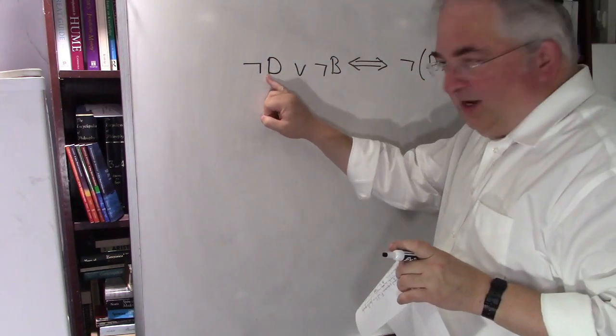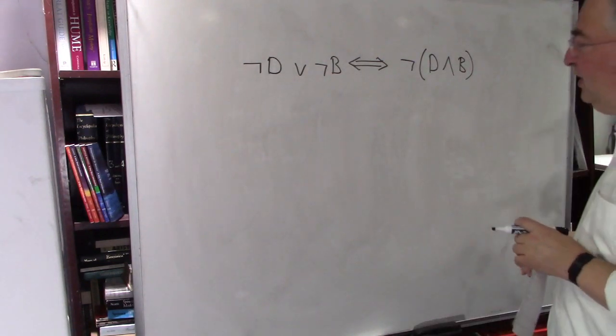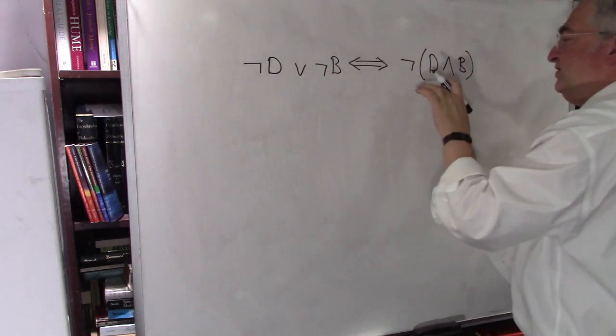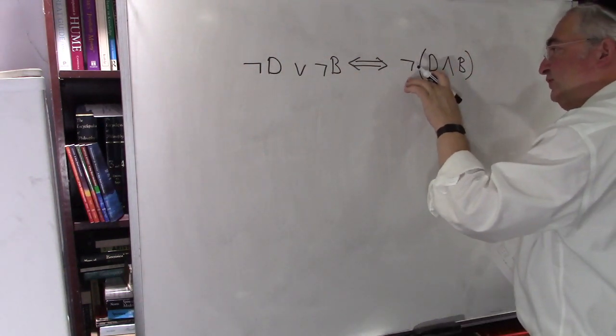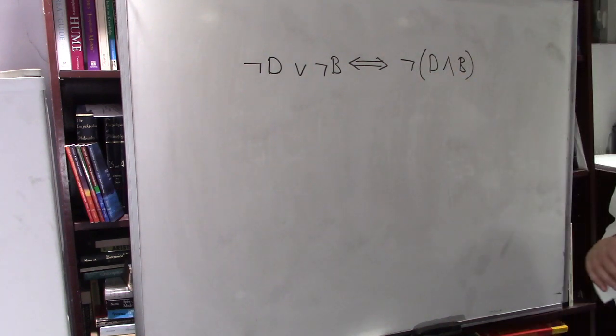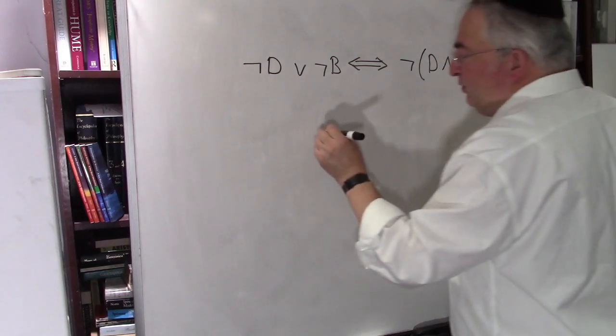If you're not a Democrat, if you're a Republican or a girl, that's the same thing as saying it's false that you're a Democrat and a boy. Now, I'd like to show you that this is in fact true, and so we have to go to the definition.